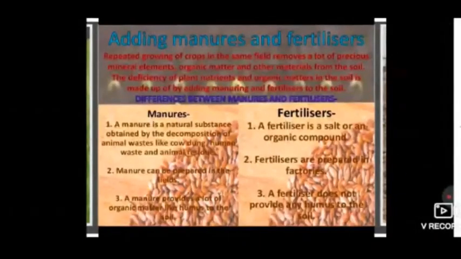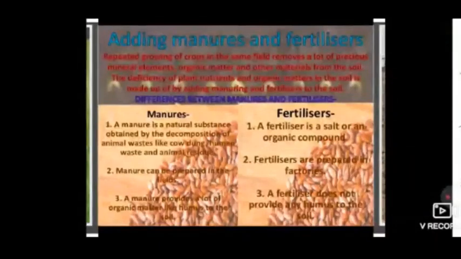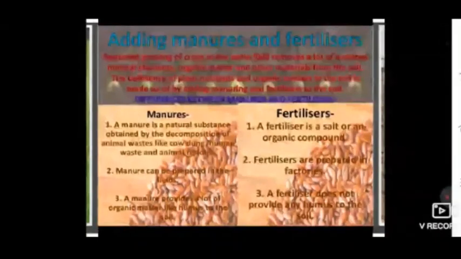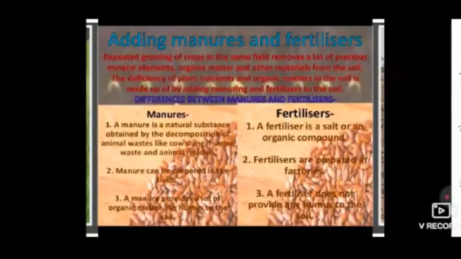The next one is manure can be prepared in the field, but fertilizers are prepared in factories. The third one is manure provides a lot of organic matter like humus to the soil, but a fertilizer does not provide any humus to the soil.